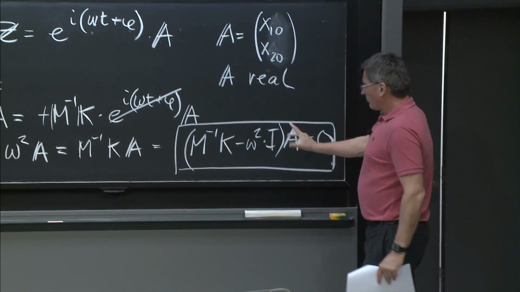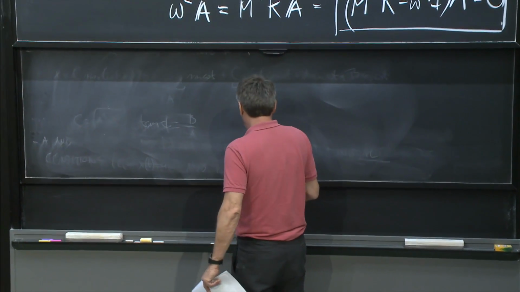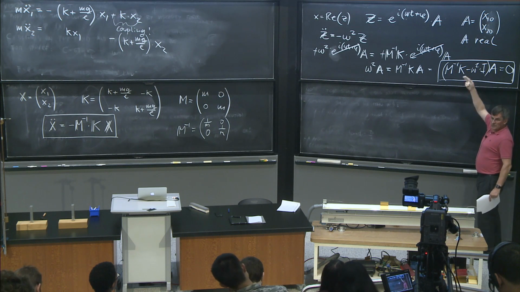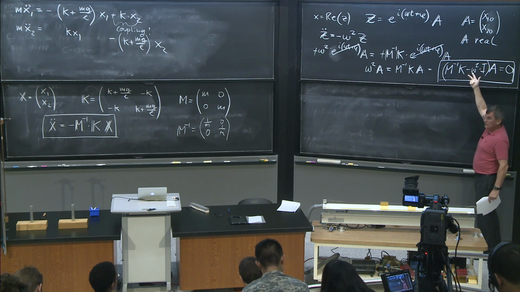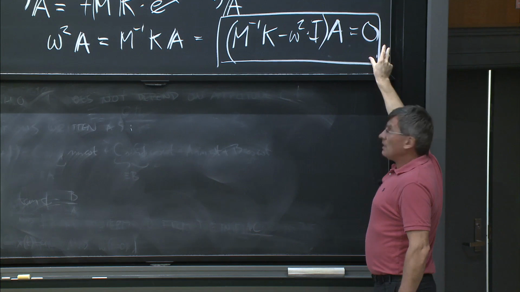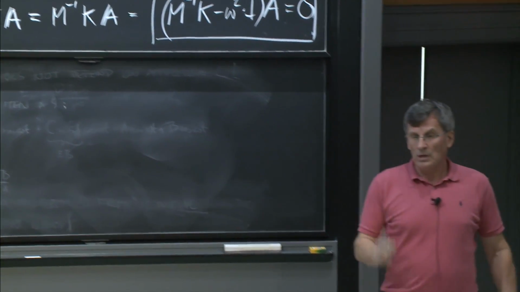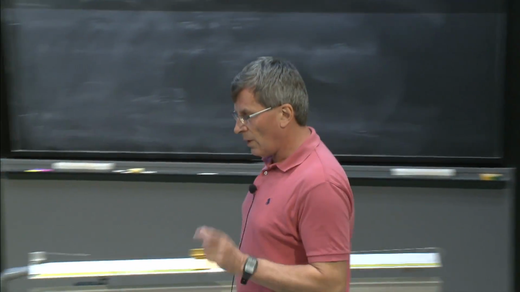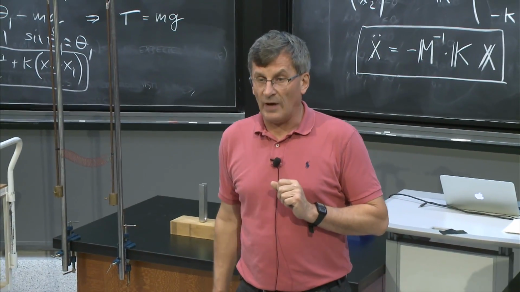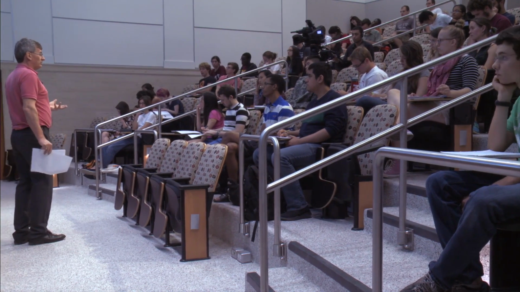So now, this is some 2 by 2 matrix, which we know very easily how to write. Multiplying a vector gives you 0. It turns out that for this to work, there's a criterion which has to be satisfied, namely the determinant of this 2 by 2 matrix has to be equal to 0.